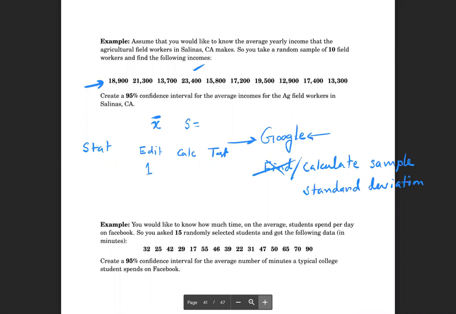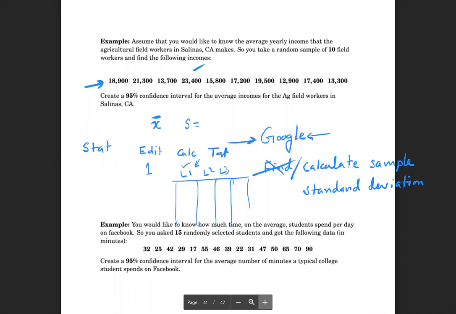It will give you a table labeled L1, L2, L3. If you have any data, use the arrow button to go to L1 and hit clear. It will clear everything on that column.